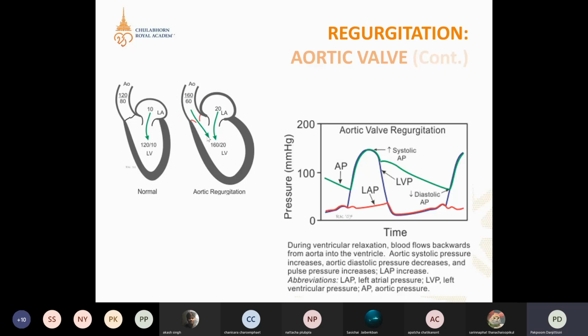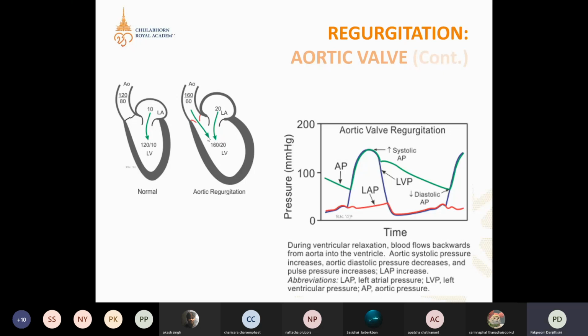And for this disease, the additional volume is coming from the aorta, from the blood leakage into the left ventricle.